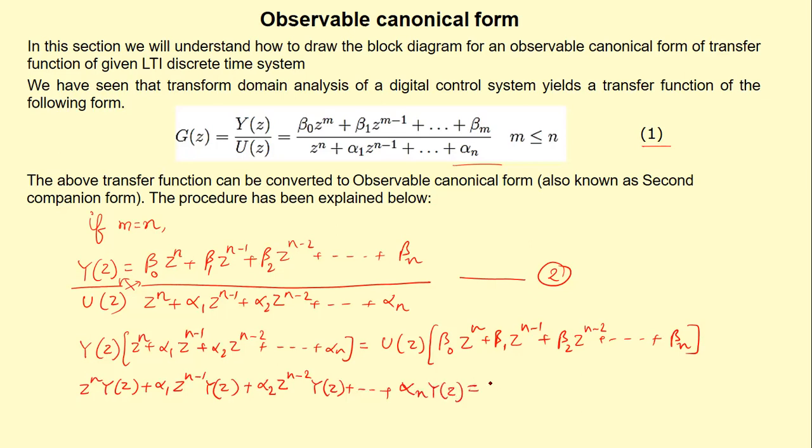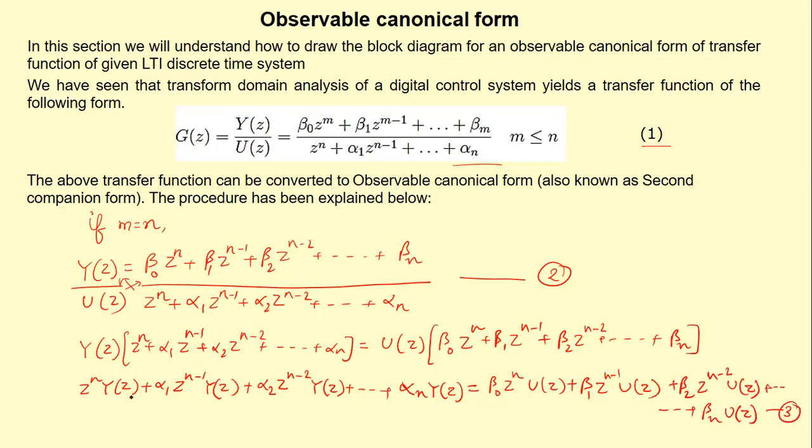Similarly, on the right hand side we have beta naught z raised to the power n U(z) plus beta 1 z raised to the power n minus 1 U(z) plus beta 2 z raised to the power n minus 2 U(z), and up till beta n U(z). So this is, for example, equation number 3.